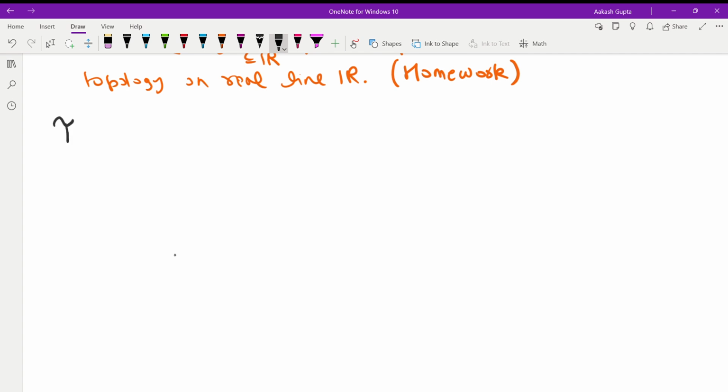So theorem. Let (X, tau) be a topological space.